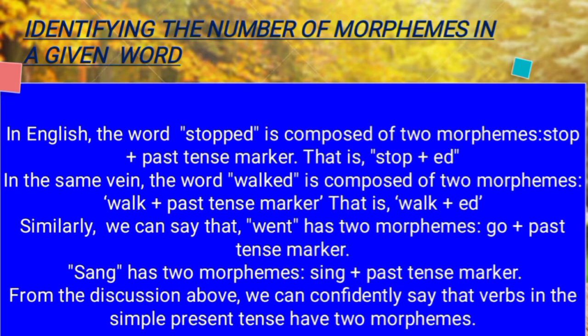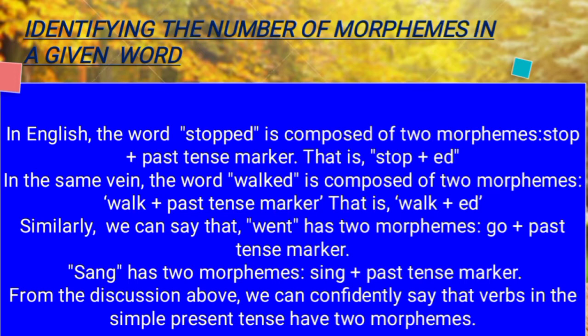In the same vein, the word walked is composed of 2 morphemes, that is, walk plus past tense marker, walk plus ed. Similarly, we can say that went has 2 morphemes, go plus past tense marker. Sang has 2 morphemes, sing plus past tense marker.